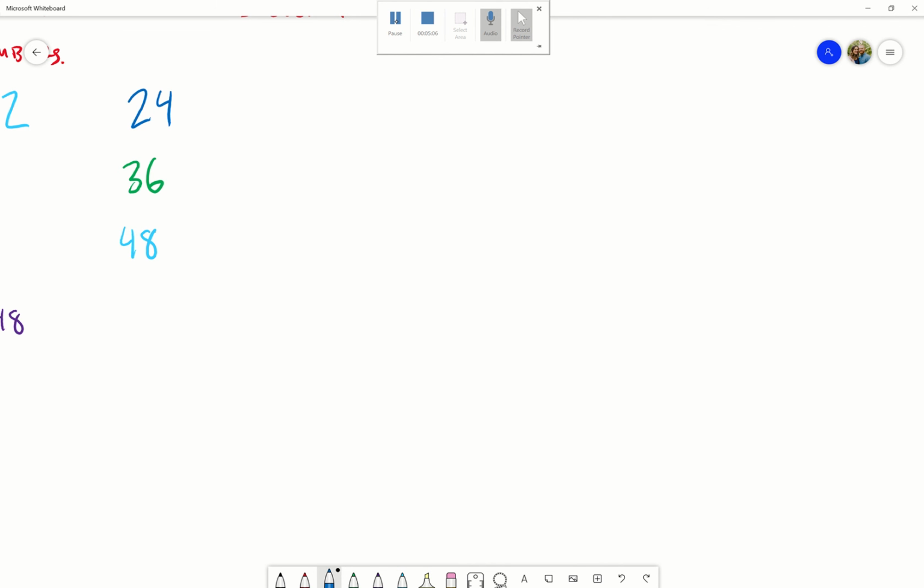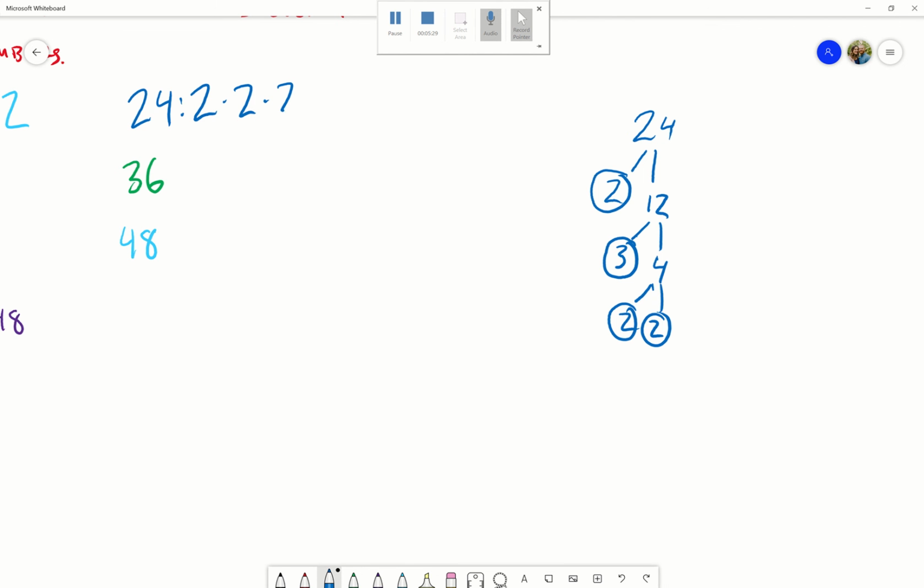Let's do our little factor tree over here. 24 breaks down into 2 and 12. 2 is prime, so we circle it. 12 breaks down into 3 and 4. 3 is prime, so we circle it. 4 breaks down into 2 and 2. And those are both prime, so we circle them. So 24 gives us 2 times 2 times 2 times 3. And that's 24.